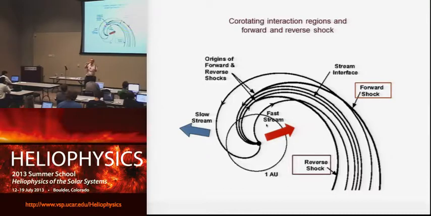So both shocks are actually moving outwards in the sun frame, but we can label one as moving forward in the solar wind frame, that's the forward shock, and another one which is moving backwards in the solar wind frame, and that's the reverse shock. That can sometimes be confusing.